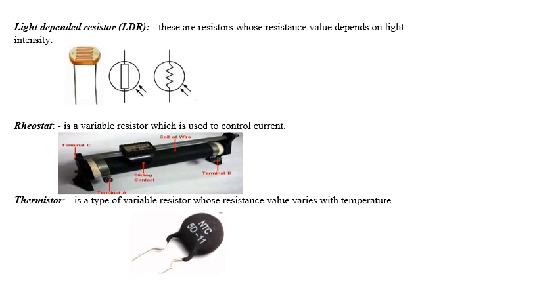A rheostat is a variable resistor which is used to control current. And we have another, the thermistor, which is a type of variable resistor whose resistance value varies with temperature. And we can see those images which show different types of the variable resistors.